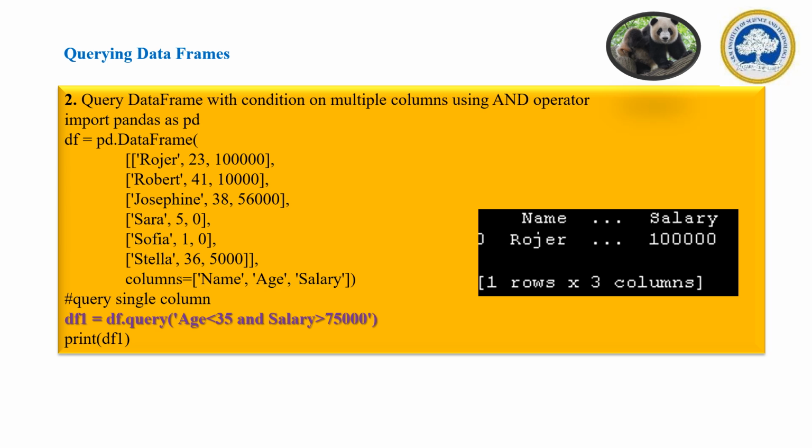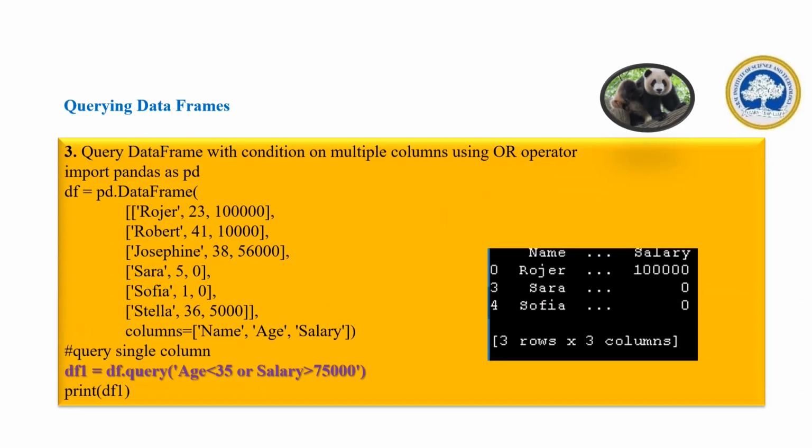So print df1. Age less than 35 means these ones will come, 23, 5, 1, but with salary greater than 75,000 only Roger alone is going to come. So you can query a data frame with multiple conditions using an AND operation.